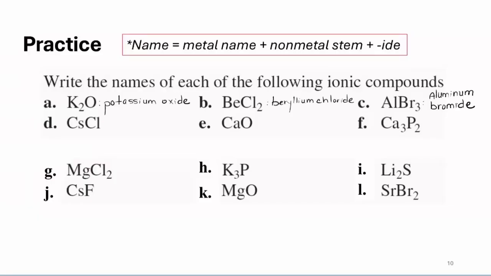Next problem that I have is MgCl2. Name of the metal, magnesium. Name of the nonmetal ion, chloride. Next, I have K3P. This is potassium.